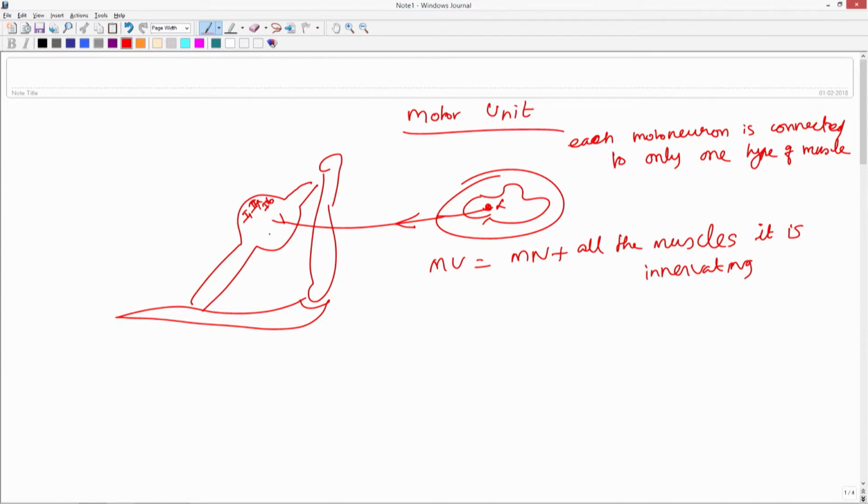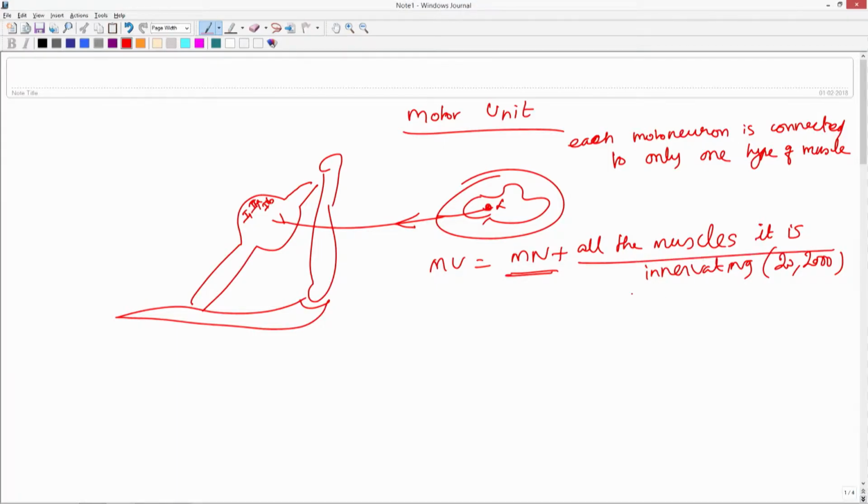This motor neuron may be connected to some 20 muscles or 2000 muscles, but they are all going to be the same type. So, when the motor neuron is firing, all the muscles it is innervating are going to be fired, all are going to generate force. Together, the motor neuron and all the muscles it is innervating is called the motor unit.